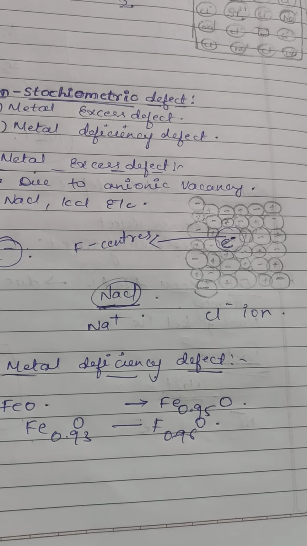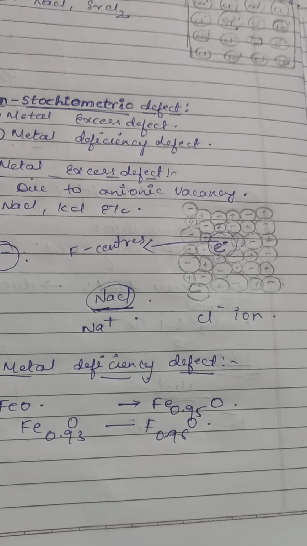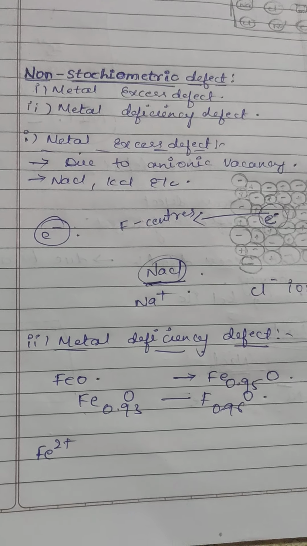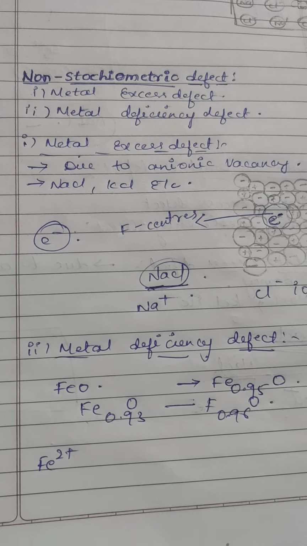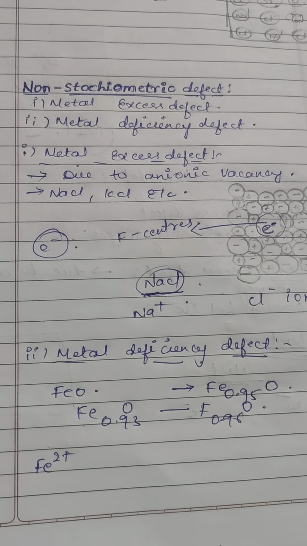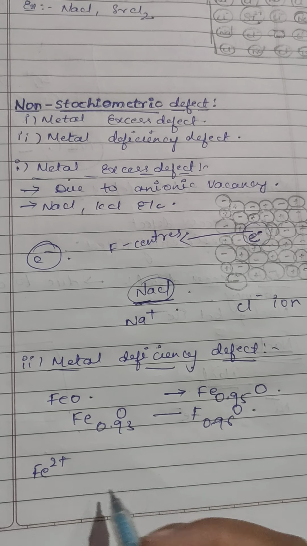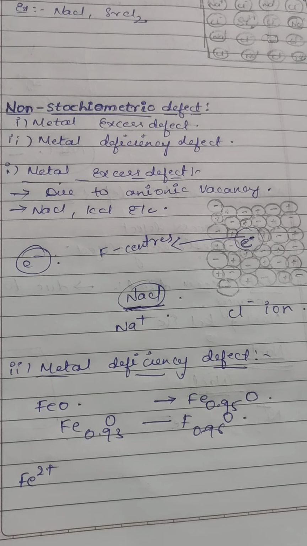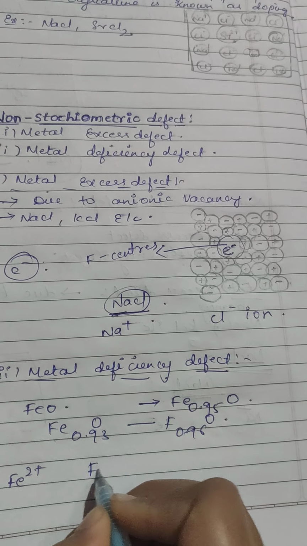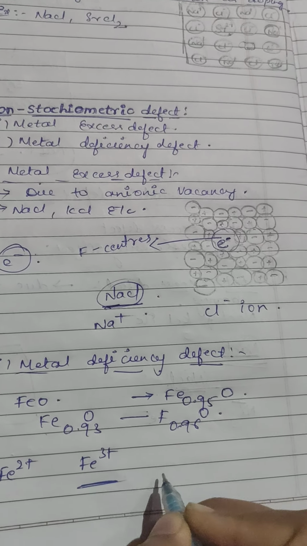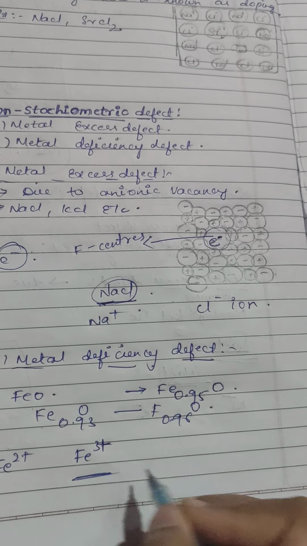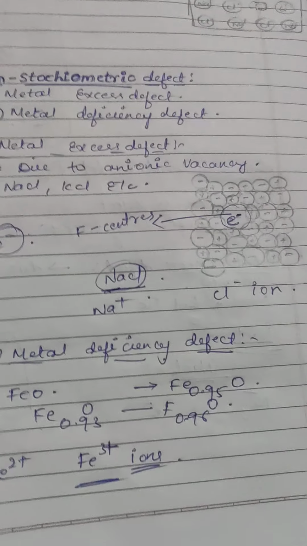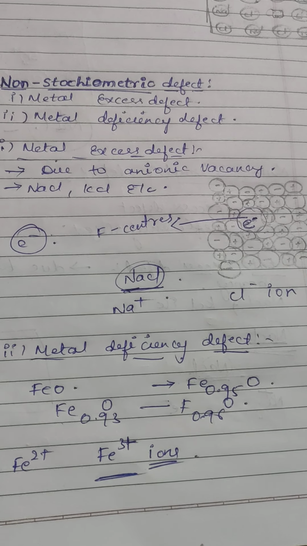In the crystal of ferrous oxide, some Fe2+ ions, that is ferrous ions, which are cations, are missing and lose the positive charge, and this is made up by the presence of the required Fe3+, the ferric ions. So this was about the metal deficiency defect.